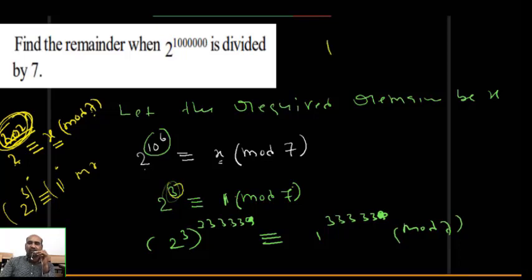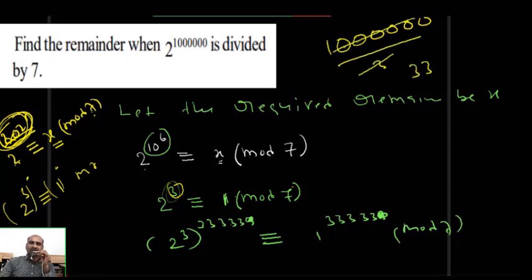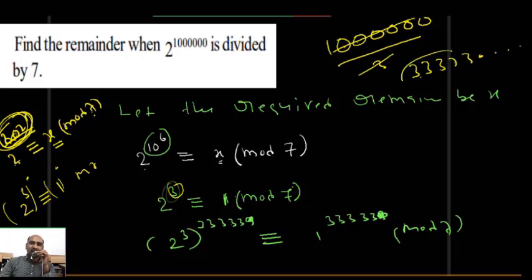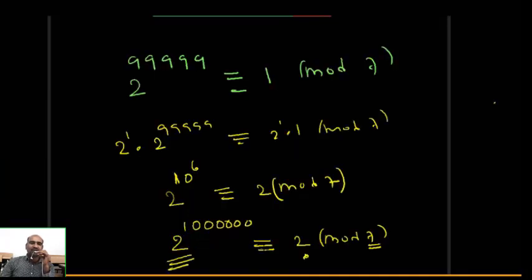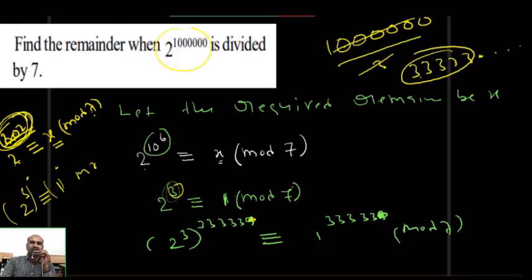This number divided by 3 gives something with 5 3s after the dot. So I can raise this power to 3 3 3 3 3. Then I got 2 power 9 9 9 9 9 congruent to 1 modulo 7. One more 2 I want, so multiply 2 on either side. After that I got the result. Then I can say that 2 is the required remainder when this number is divided by 7.